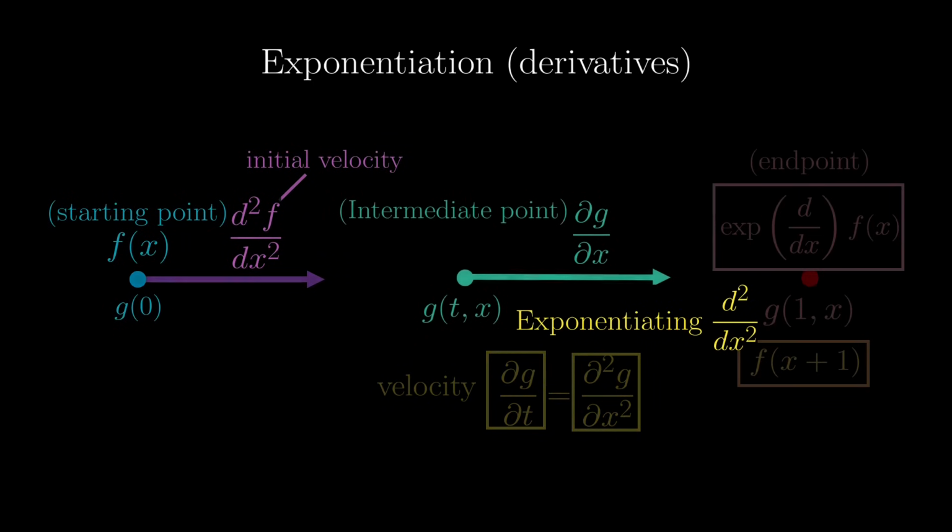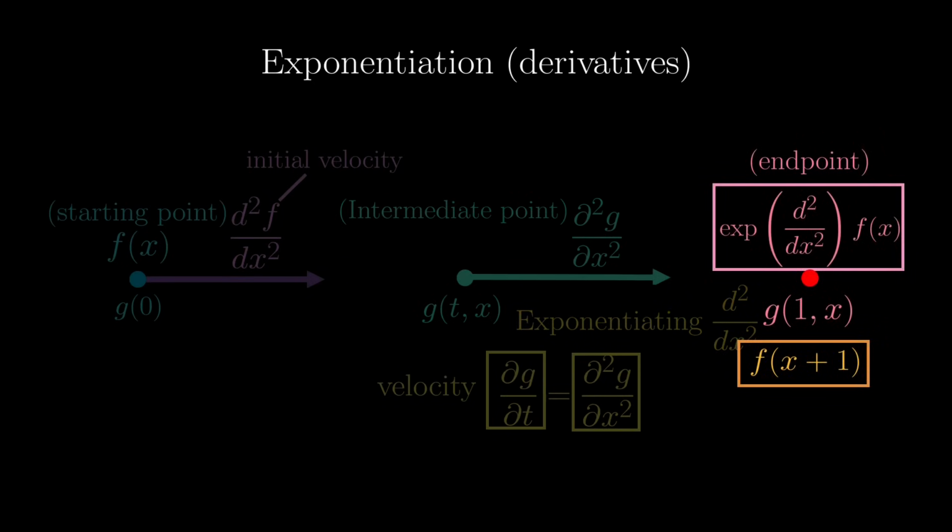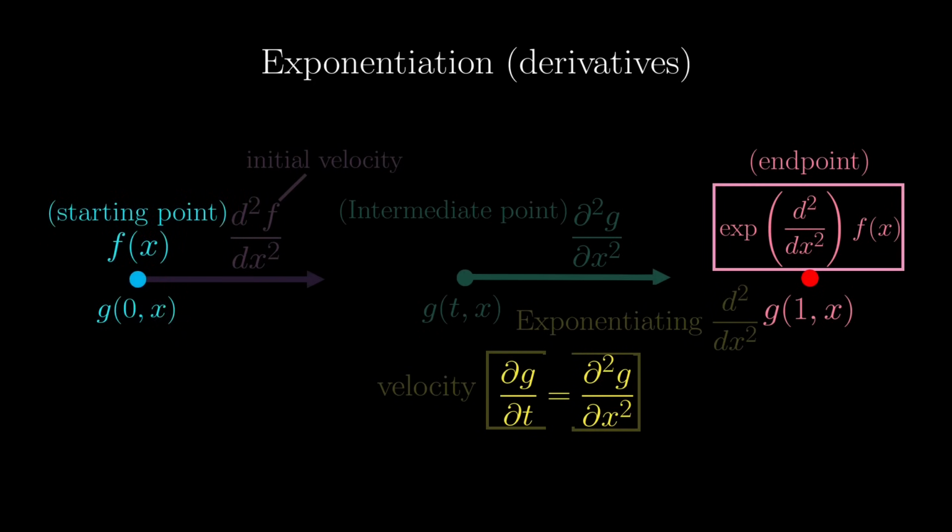The intermediate setup, as we discussed, has changed, and at the end of the journey, we would have the exponential of the second derivative. But this time it will not be f of x plus 1, it would be whatever g of 1,x is, when g satisfies this differential equation and g of 0,x is our input function f of x.